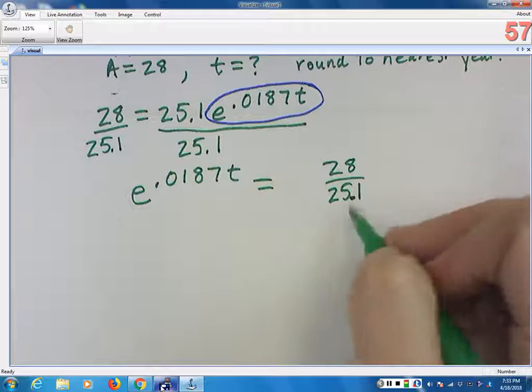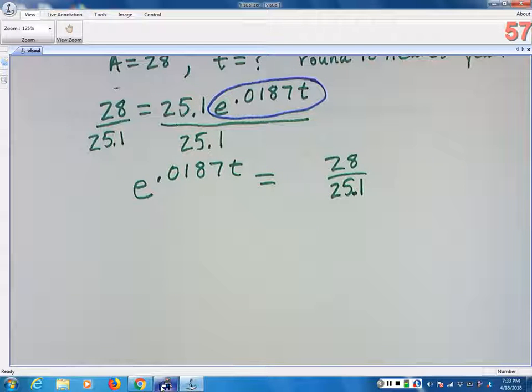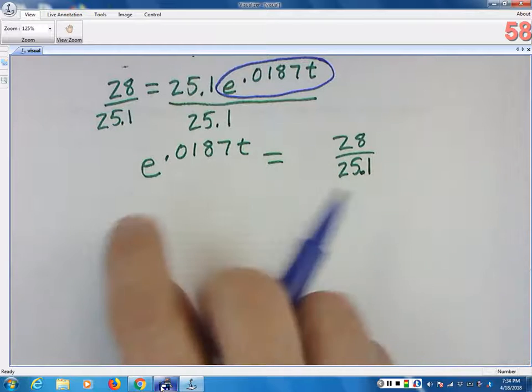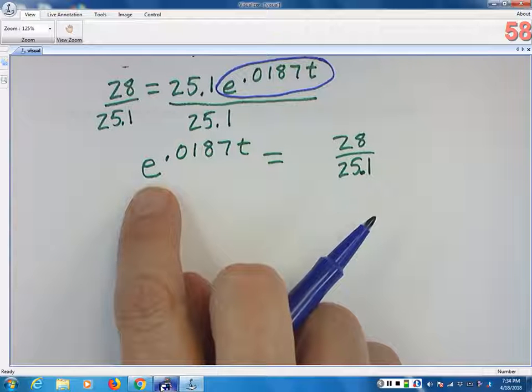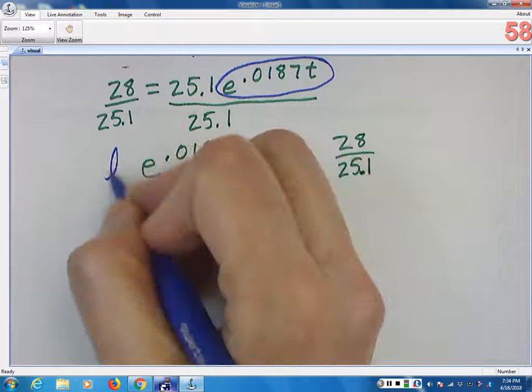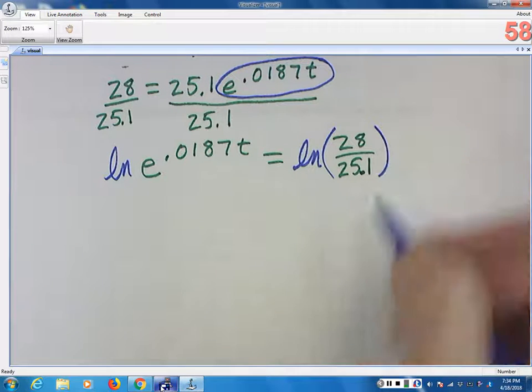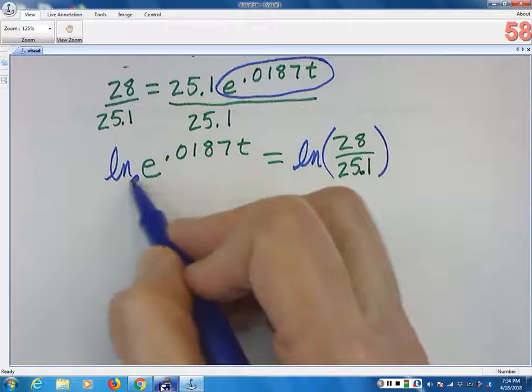Don't put this in your calculator and round it to one place. We're going to leave it as an exact answer in terms of natural logs. We want our exact answer first. So now that you've got e by itself on one side, you can take the natural log of both sides. We're usually going to take the natural log of both sides. And these cancel.